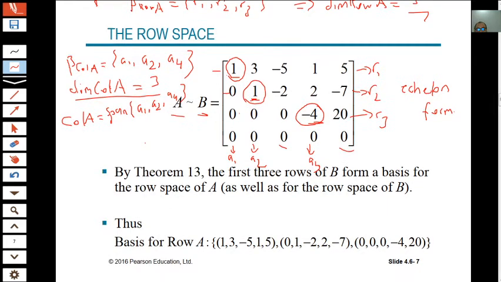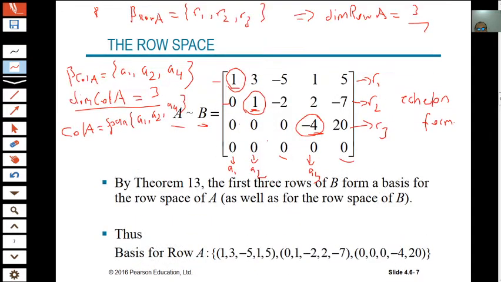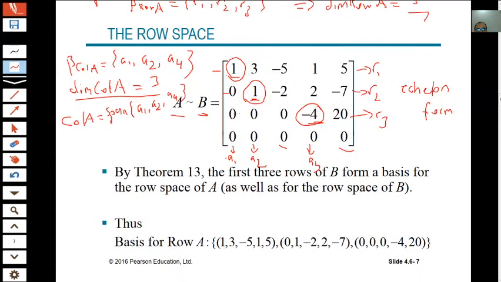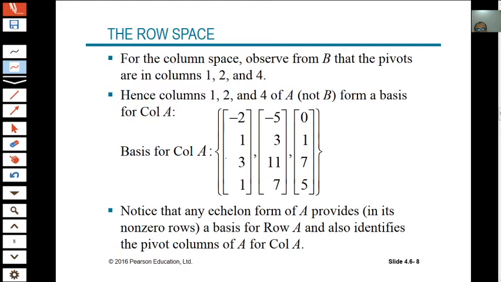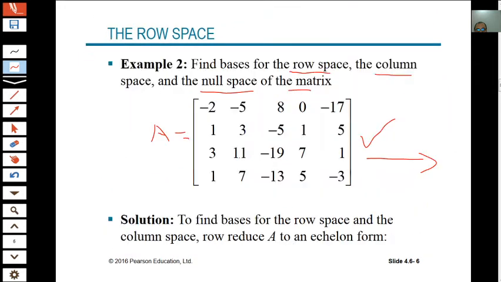Okay, and you see a basis for the column space. By the way, of course we don't take the columns of the echelon form. We take the columns of the matrix A: A1, A2, and A4.